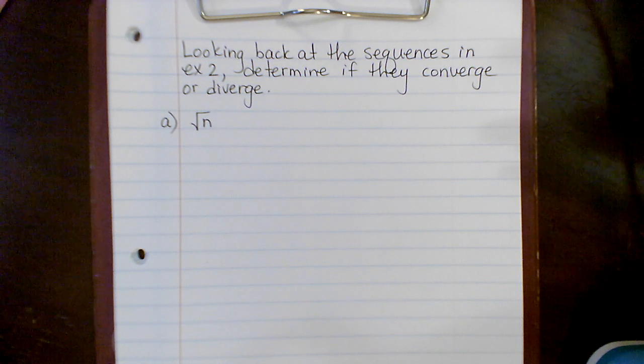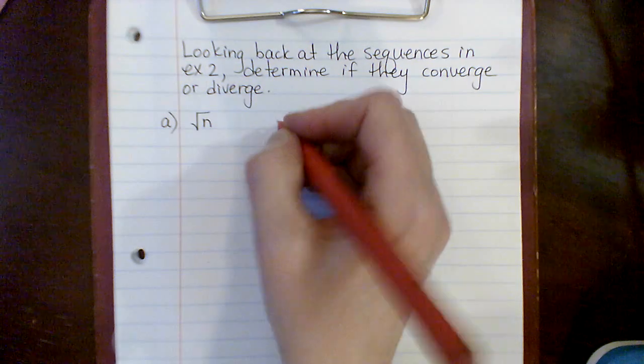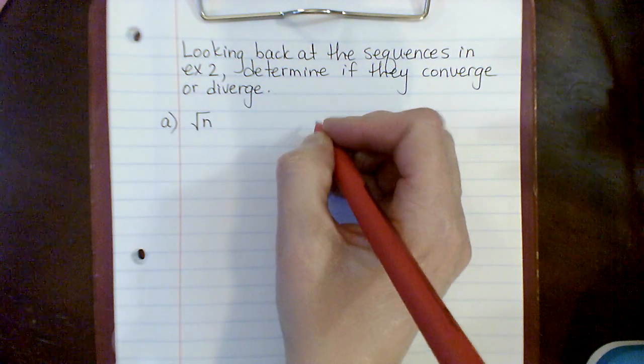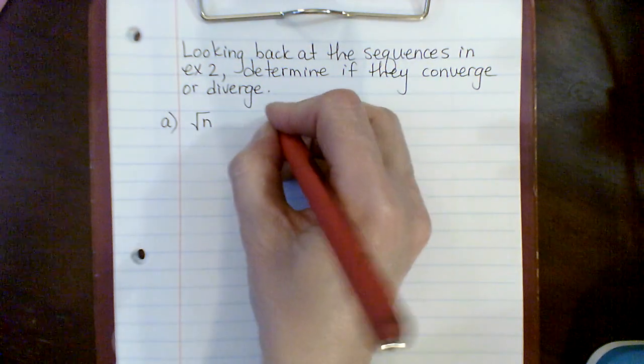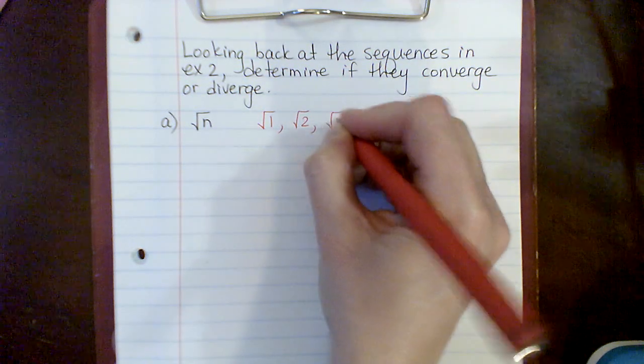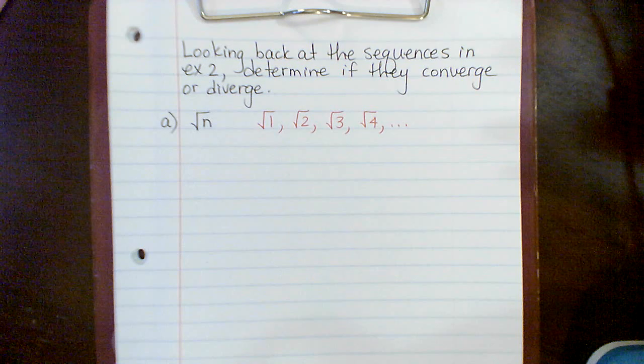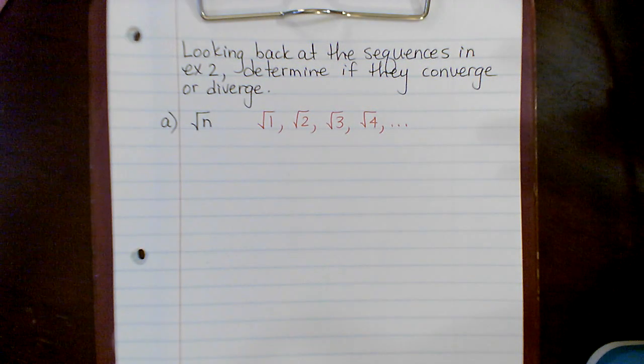So looking at first the square root of n. What is this one going to do? All right, so we're looking at the terms of the sequence: the square root of 1, the square root of 2, the square root of 3, the square root of 4, and on and on. What are those terms doing? Are they headed toward a certain fixed number?